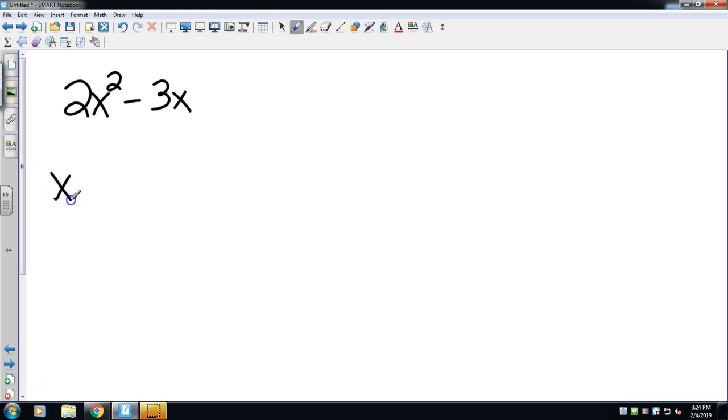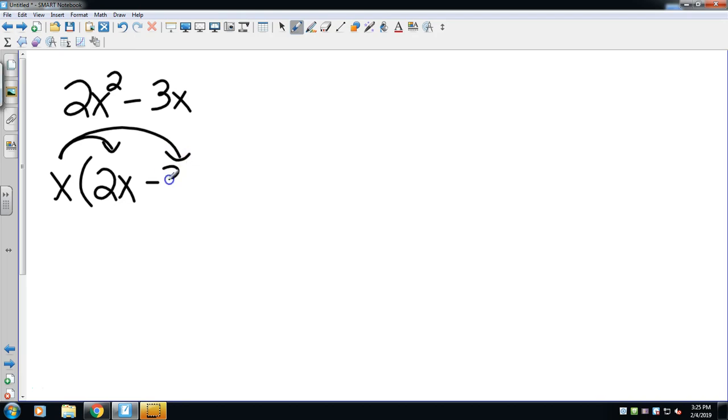So I could take that x to the outside and then create a distributive property problem and ask myself, x times what value is going to give me 2x squared? And that's going to be 2x. Bring down my minus sign, ask myself the same question, but ask x times what gives me negative 3x.